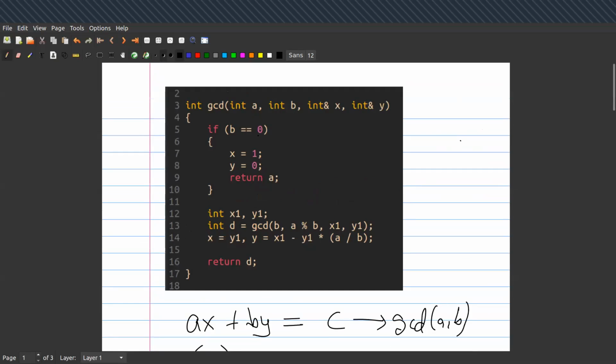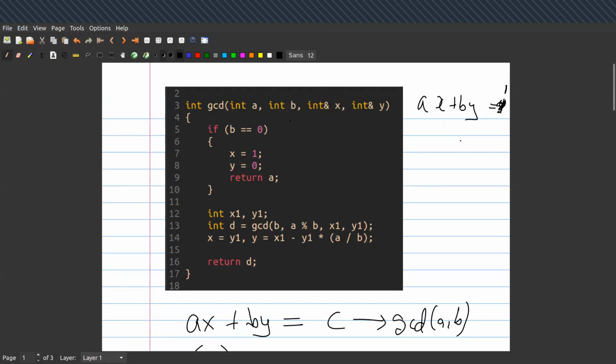So here is the code for it, GCD of A comma B. I need to find Ax plus By equal to GCD, which is 1 for the multiplicative inverse.